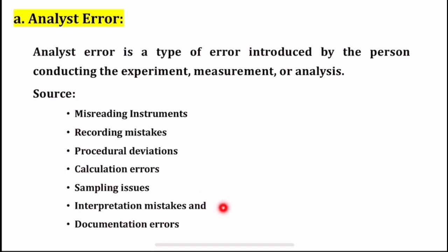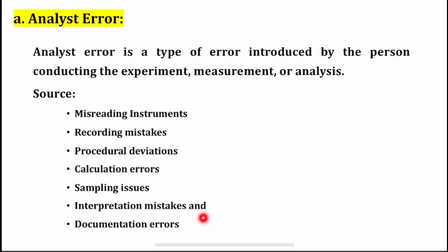Interpretation mistakes occur when individuals misinterpret or misjudge data, observations, or results during the analysis or evaluation process. These mistakes can result from various factors, including an incomplete understanding of the data, misapplication of statistical methods, or overlooking alternative explanations.